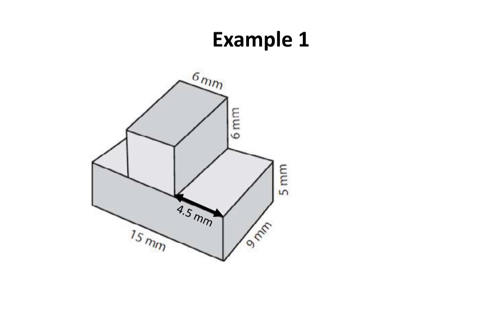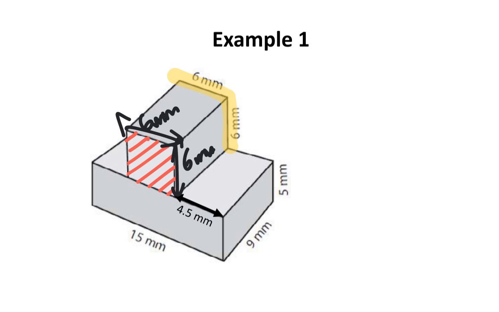I'm going to focus on this face next. This face appears to be a square or a rectangle. We don't have any dimensions for it. However, if this is 6 millimeters, that would mean this would have to be 6 millimeters as well. Furthermore, if this is 6 millimeters, this side would also have to be 6 millimeters.